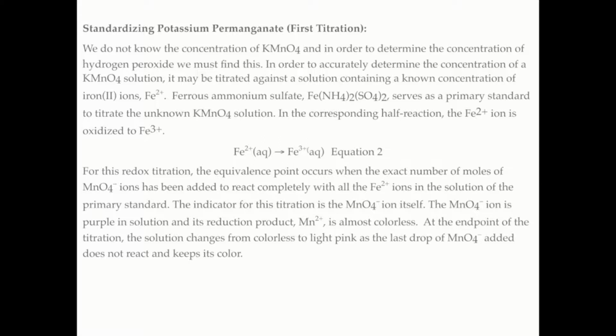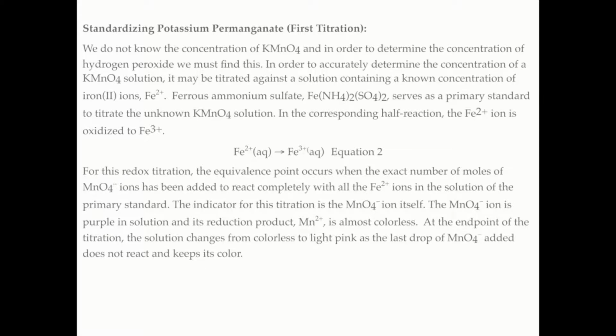The permanganate ion is purple in solution, and its reduction product, the manganese ion, is almost colorless. At the end point of the titration, meaning when you've passed your equivalence point, the solution changes from colorless to light pink, as the last drop of permanganate added does not react and keeps its color.